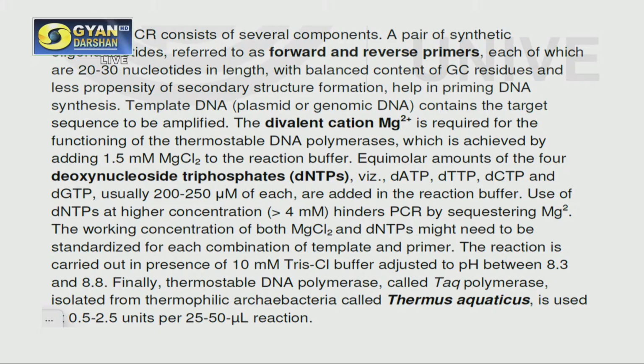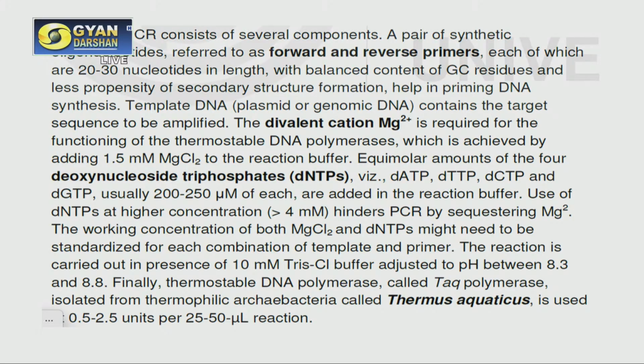And these two primers should not differ too much in length. That is, each of them should be around 20 to 30 nucleotides in length. 20 nucleotides you can say is the minimum length, and it's preferable not to go beyond 30 nucleotides. And they should have a balanced content of GC residues and less propensity of secondary structure formation that helps in priming DNA synthesis.